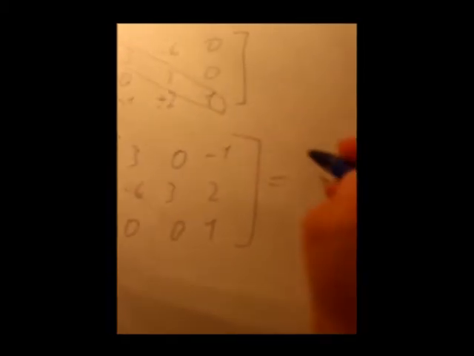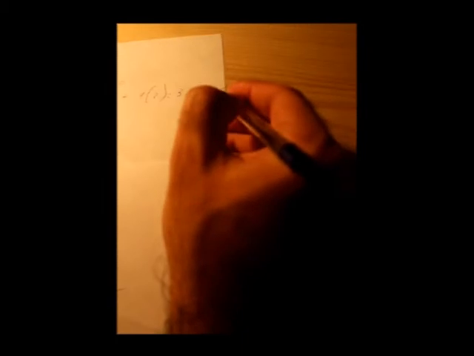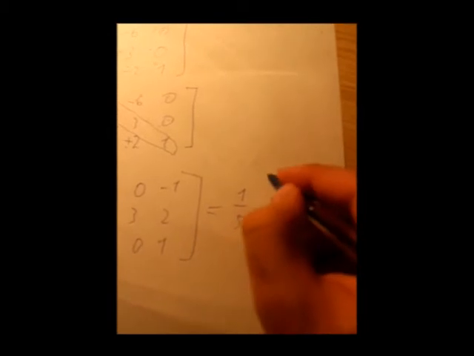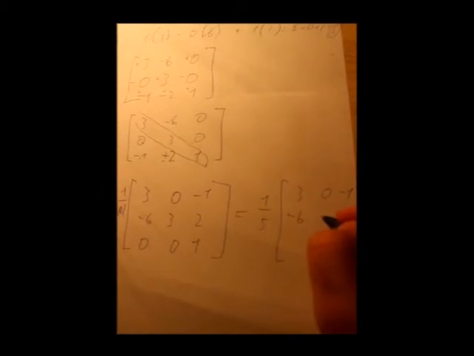It is 1 over determinant A, and the determinant is 5. We find this, therefore 1 over 5, and 3 0 minus 1, minus 6 3 2, 0 0 1. If we calculate this, we will find the inverse of A. Here, with the determinant, it's not 2, it's 0, therefore the determinant is 3, and here it's 1 over 3, therefore you can find its inverse.